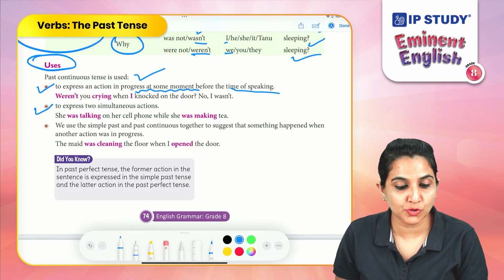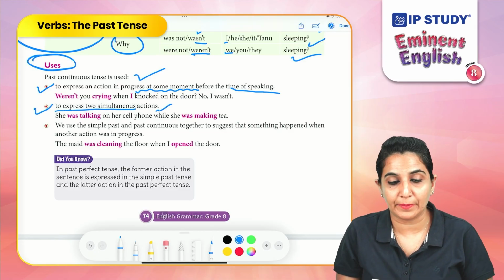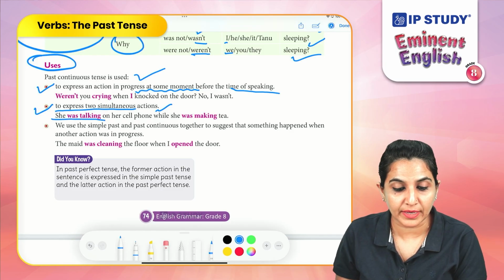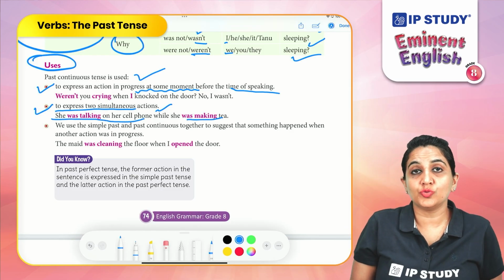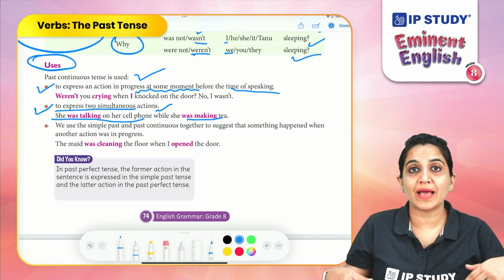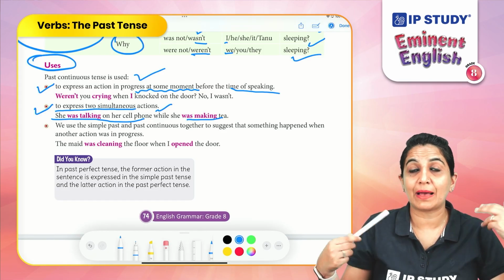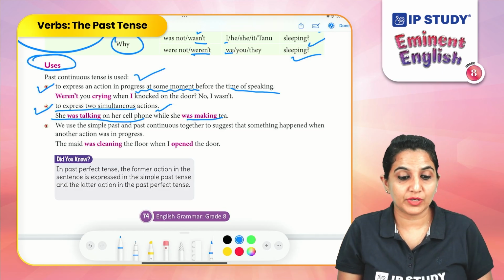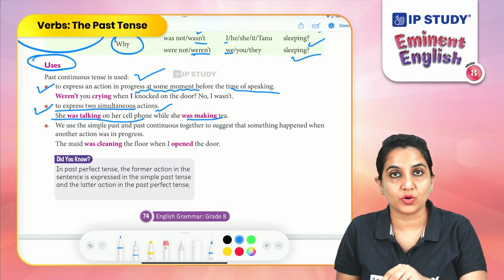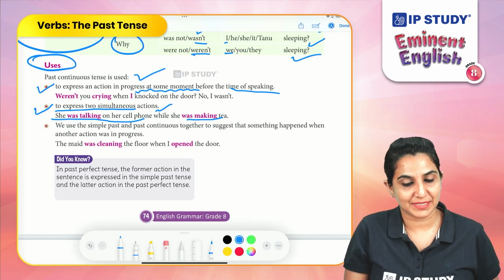To express two simultaneous actions, for example, she was talking on her cell phone while she was making tea. So, to express two actions that were happening together at the same time in the past, we use was talking or was making, the past continuous tense.